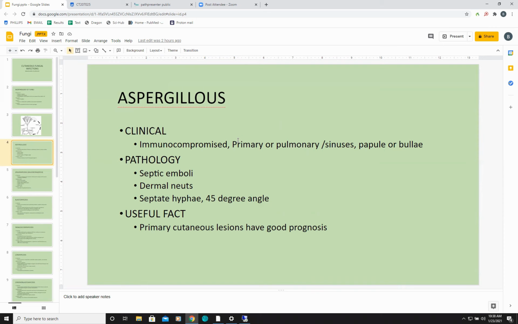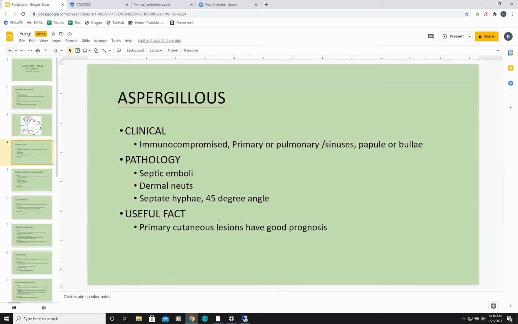The most common organism is Aspergillus fumigatus, and it's most common in immunocompromised patients and can present clinically with crusted plaques, erythematous papules, bullae, and the pathology of this is septic emboli, usually with a dense dermal neutrophilic infiltrate, and this is important: the hyphae are septate, and there's a 45-degree angle.